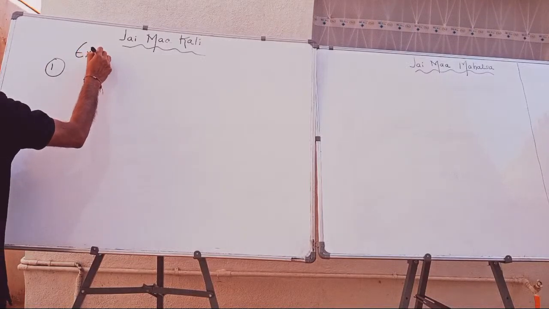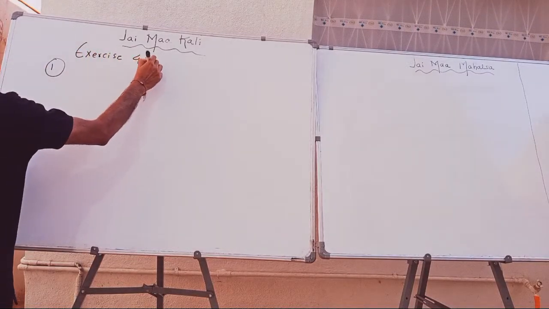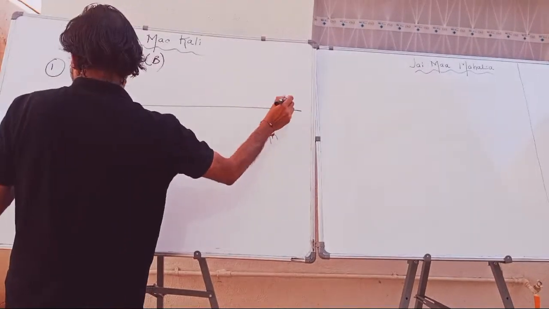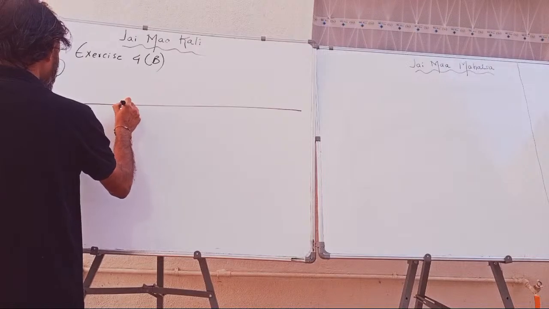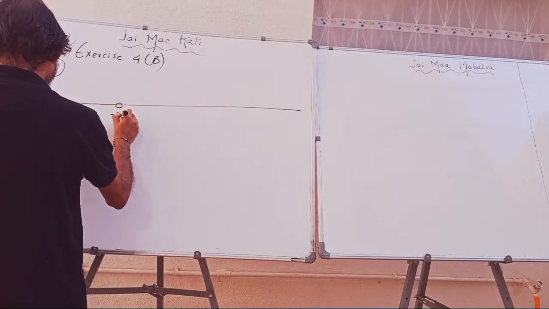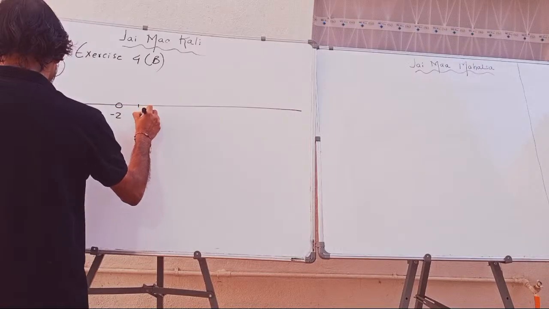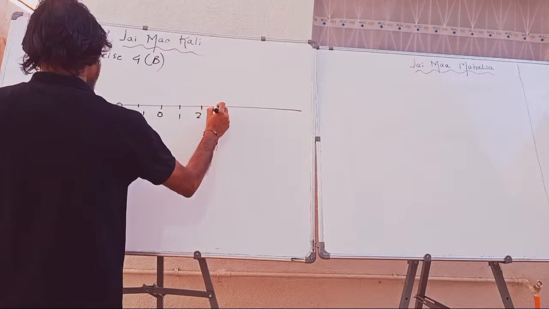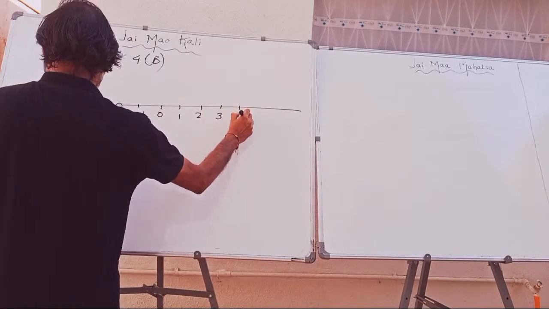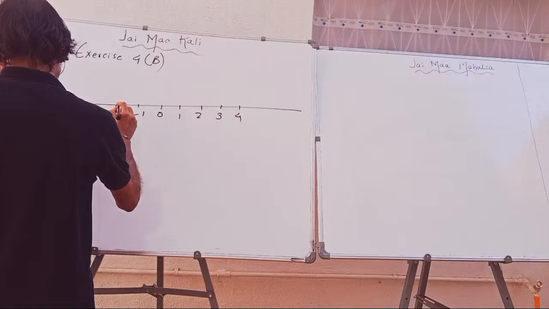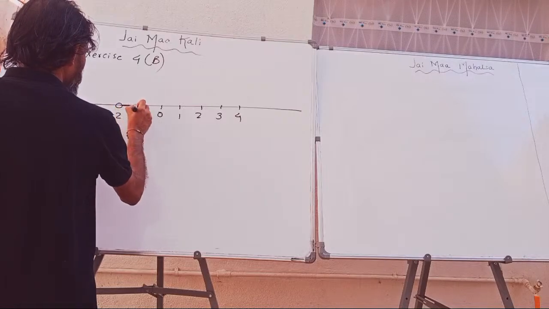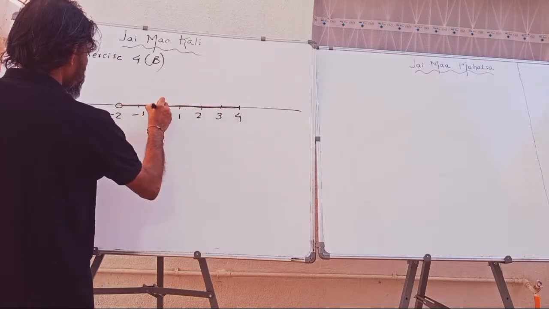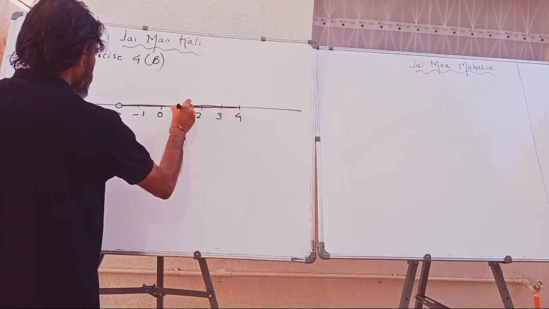Exercise 4b. Okay. So you see a number line in which you have a hollow circle, then minus 1, then you have 0, 1, 2, 3, 4. And there is a bold line from here all the way to this point. So clearly it is a real number, because everything is included from here to here.